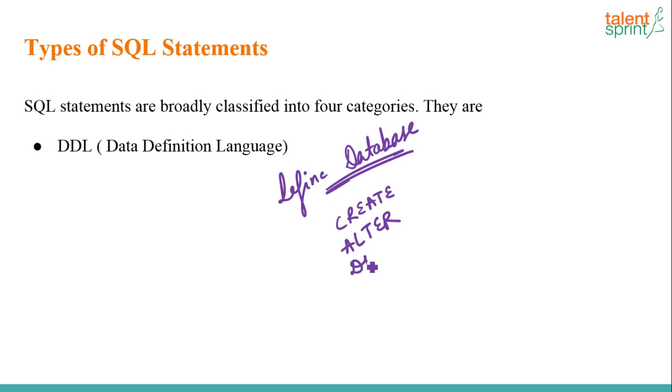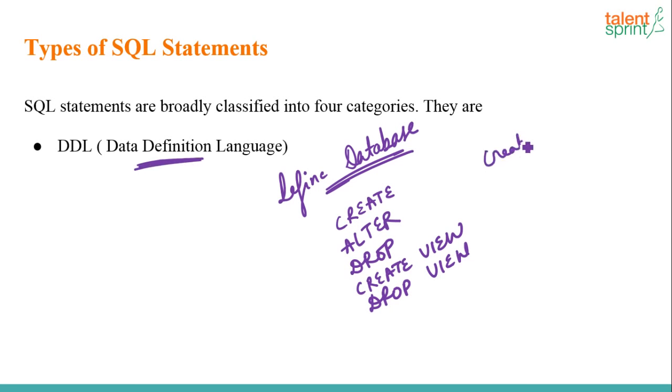Then you want to drop database, or say you want to create a view, so create view or drop view. All these are data definition. Remember this word, definition, which has to do with creating or defining your database. All right.